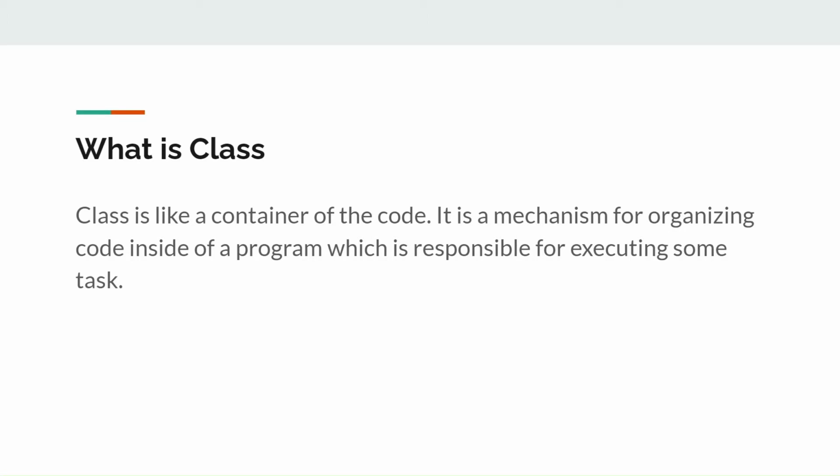For example, if you want to create a program which will be responsible for calculating two numbers, or you want to create a program which is going to be a service which will return some data from some data source, irrespective of what you do, you need to have a mechanism for organizing code. And Java is an object-oriented programming language, and class is one of its primary constructs. So class is how the code is organized, and it is a container of the code.